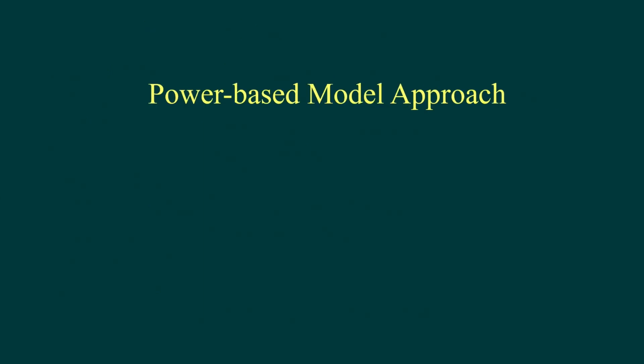So let's have a look at an example of a power-based model approach, and this is based on some work that I did at a mine site quite a few years ago now, so it is a real example.